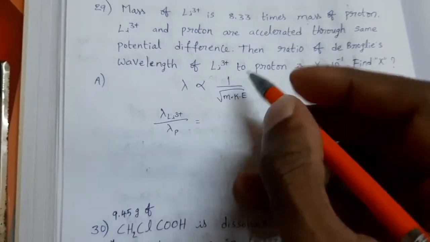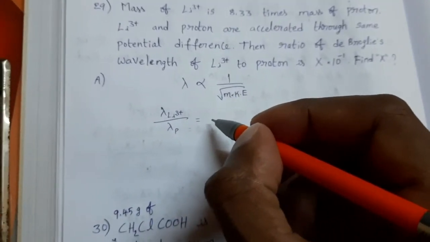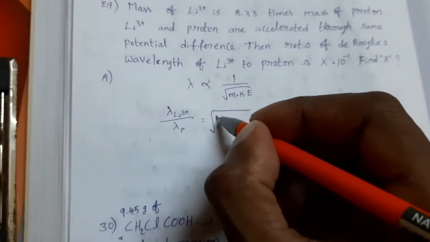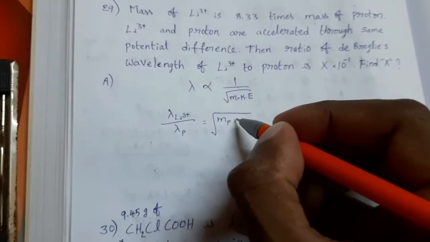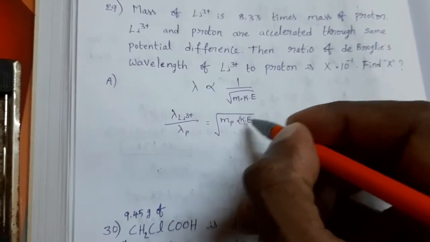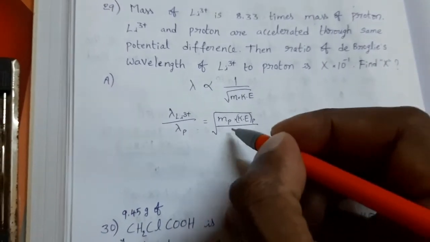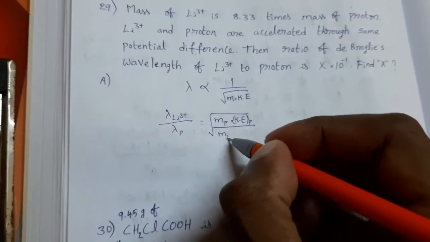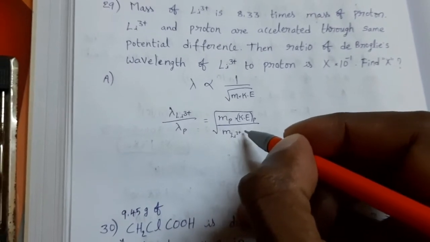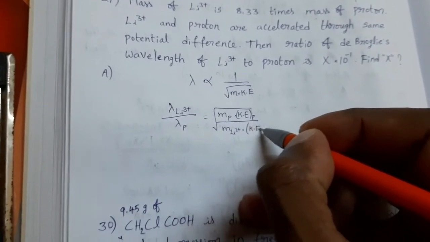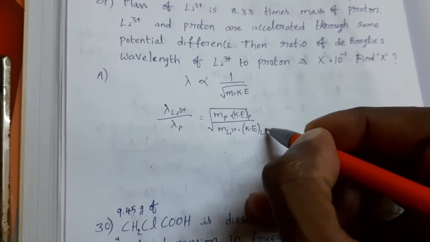Here P means proton. That equals square root of mass of proton into kinetic energy of proton divided by mass of lithium 3+ ion into kinetic energy of lithium 3+ ion.